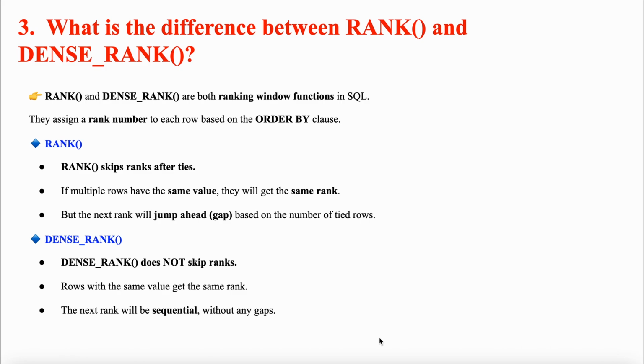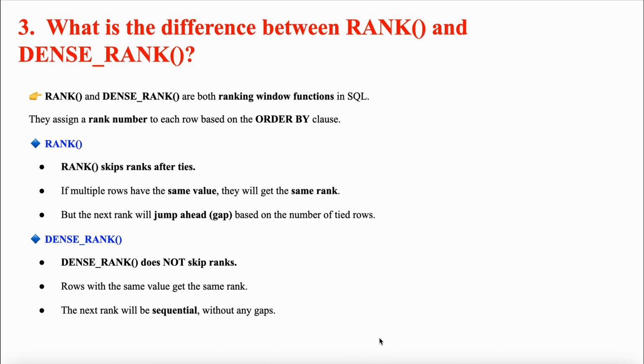Let's start with rank. If multiple rows have the same value, rank will assign them the same rank, but after that, the next rank will skip ahead, meaning that there will be a gap. For example, if two rows are tied at rank 1, the next row will get rank 3. Rank 2 will be skipped.